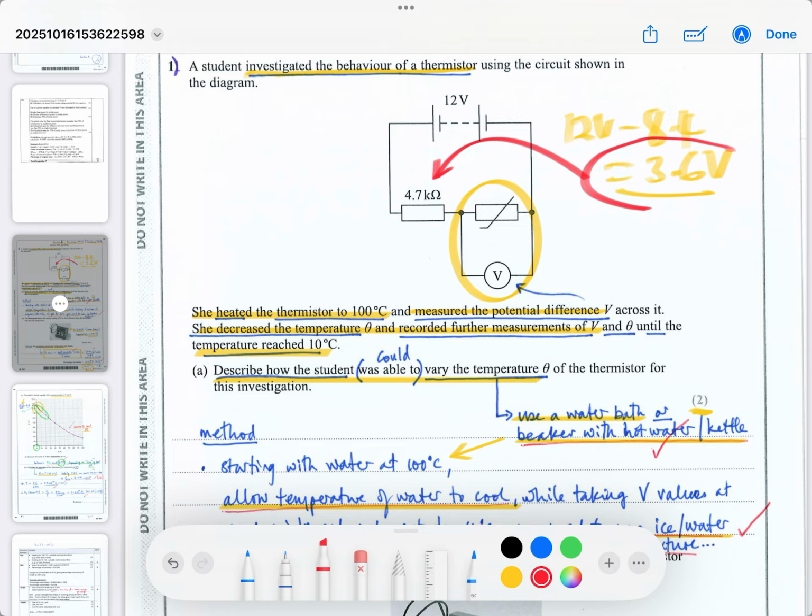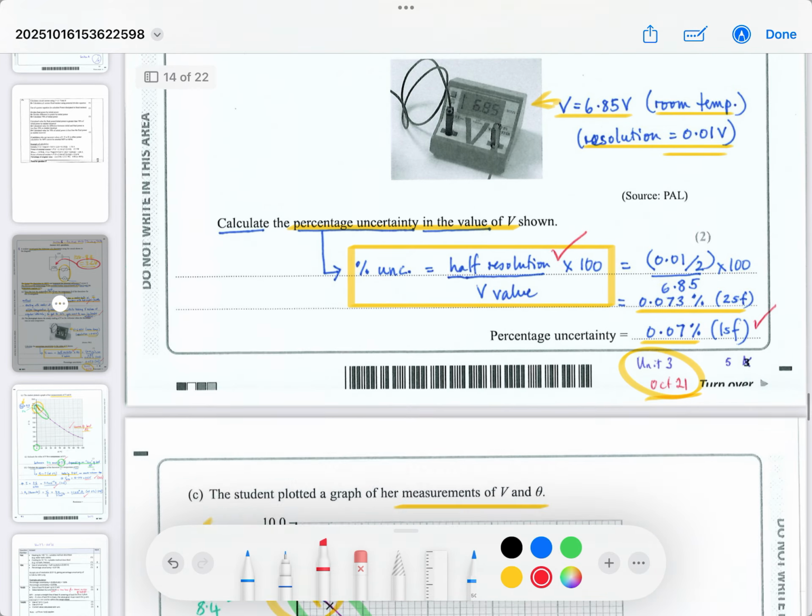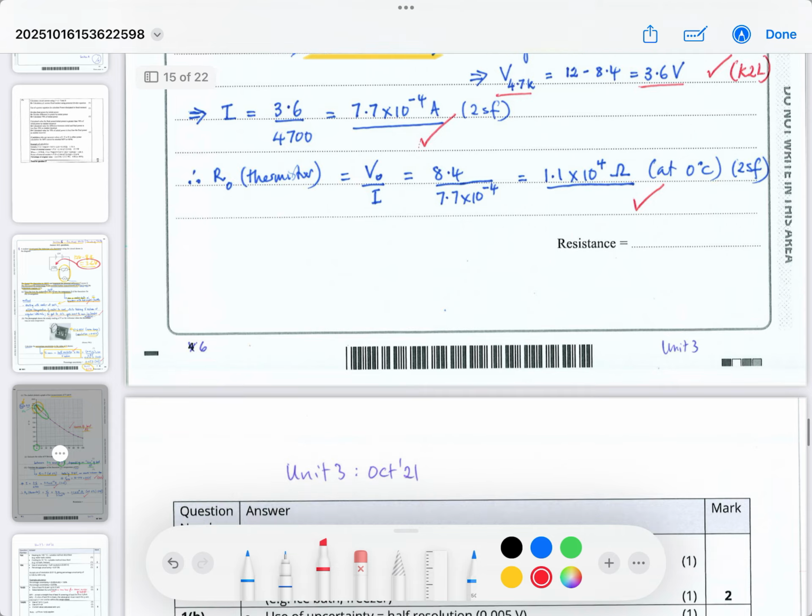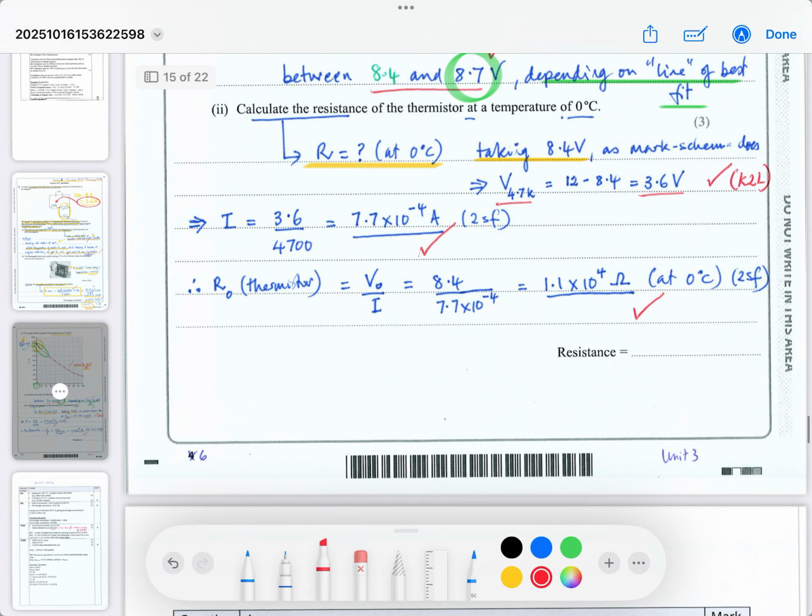So 3.6 volts is the share of the 4.7 kilo ohm resistor, which is in series with the thermistor.